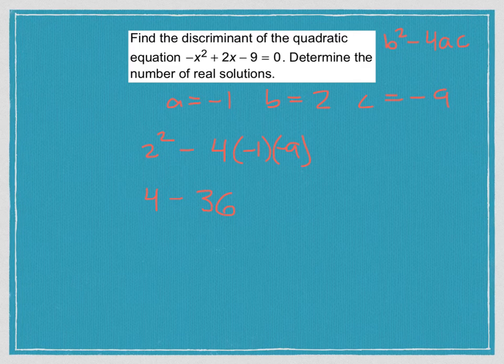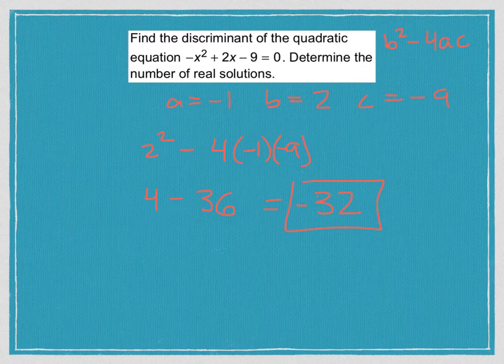We keep the minus sign, and then 4 times negative 1 times negative 9 becomes a positive 36. So now we have 4 minus 36, which is negative 32. So this here is our discriminant.